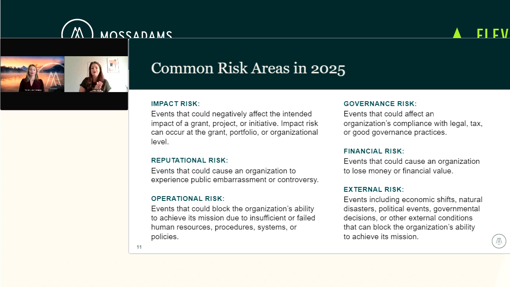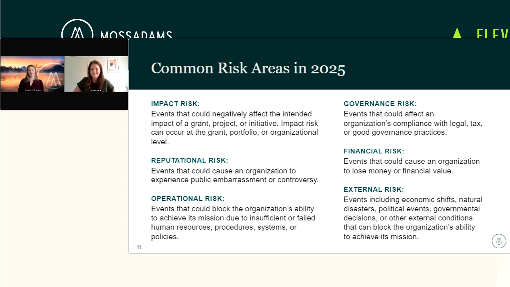The other one I'll highlight here is operational risk. These are any events that could block your ability to achieve your mission due to challenges or failed human resources, procedures, systems, policies, anything sort of internally that's impacting your ability to achieve your goals and your objectives.